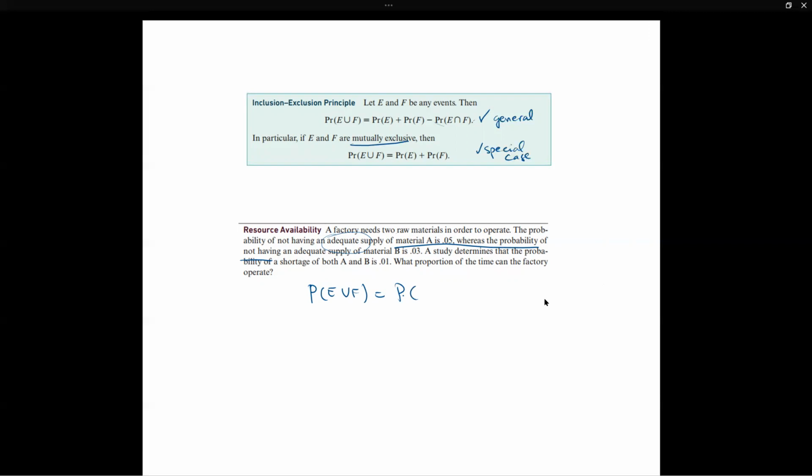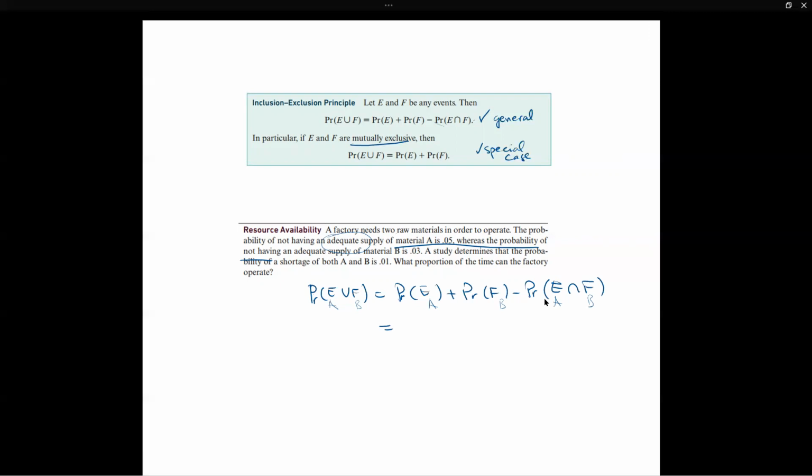Sometimes we do P for probability. So if I write P, I also mean probability. This book uses PR. So if you put A and B here, you're just going to replace E and F with those. It's similar, right? So same thing.